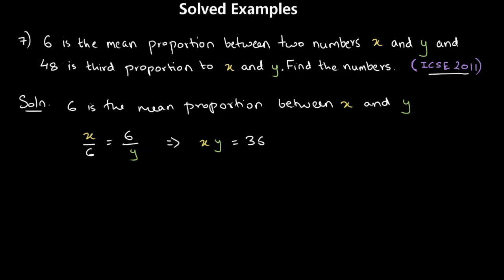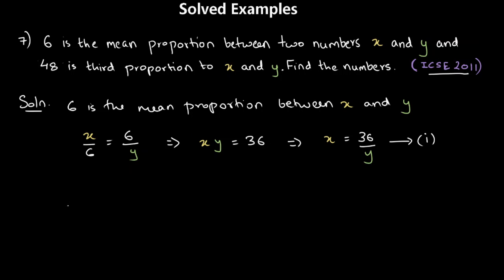If I rearrange this a little further, I can say x is equal to 36 divided by y. Suppose I consider this to be my first equation. 6 is the mean proportion between x and y, so x, 6 and y are in continued proportion, and from that we get that x is equal to 36 upon y.